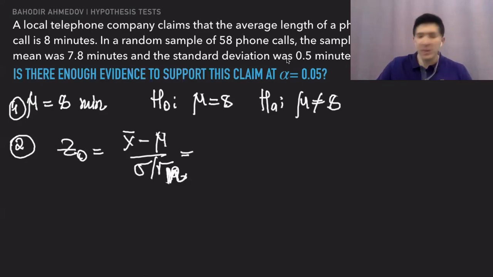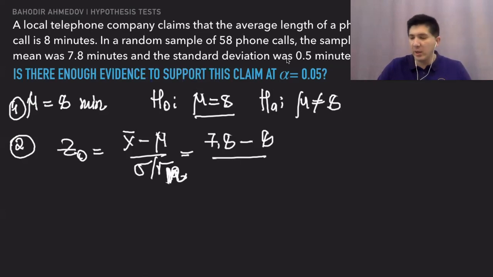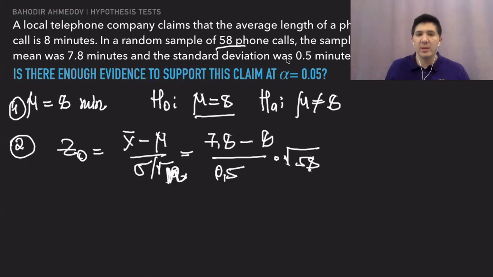So the sample mean is equal to 7.8 minutes minus the mean of the population given in the hypothesis, which is 8, divided by the standard deviation of the population, which is known and given to be 0.5, and this is divided by the square root of n, which is the square root of 58, the sample size, right? That is given here.